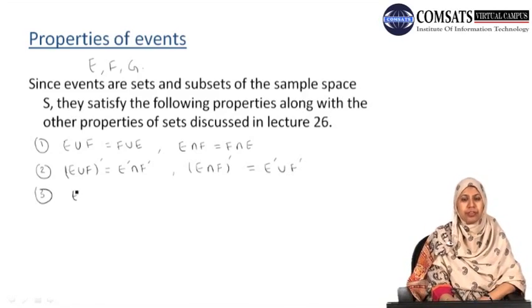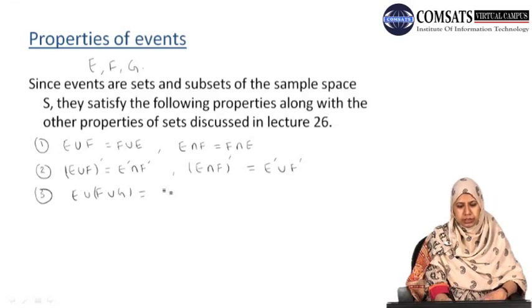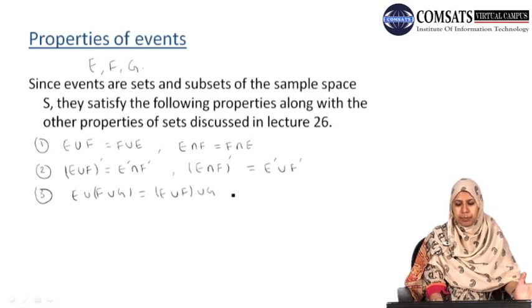If we have three events E, F and G and we are taking their union, then we may group them in any order we want. That is, either we take the union of F and G first, or we take the union of E and F first, the result is the same.